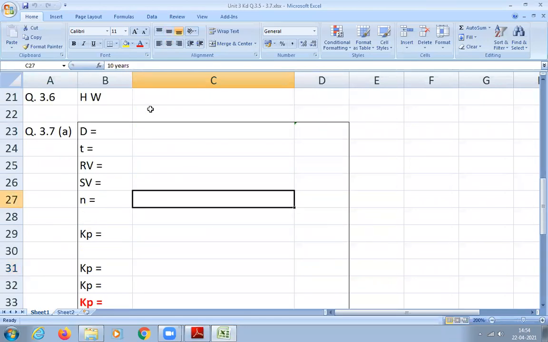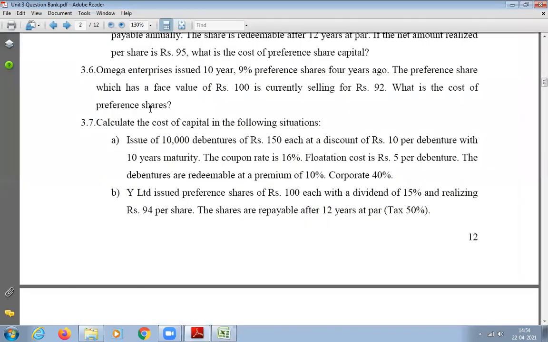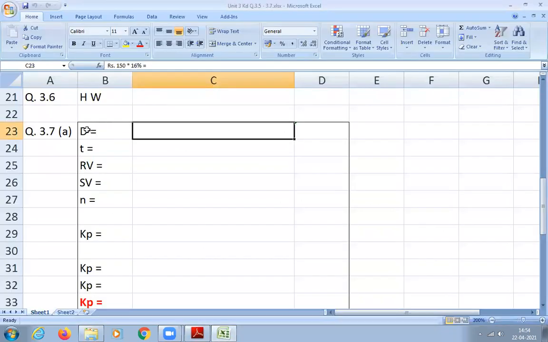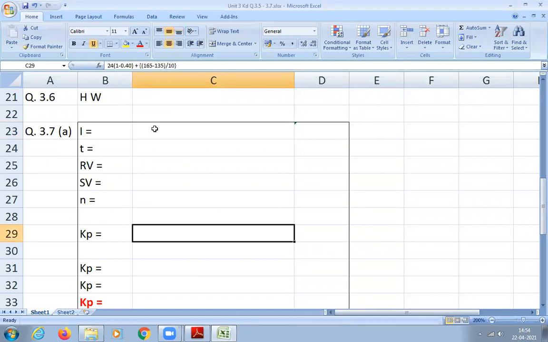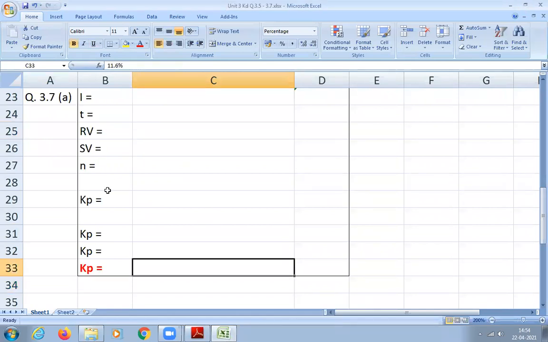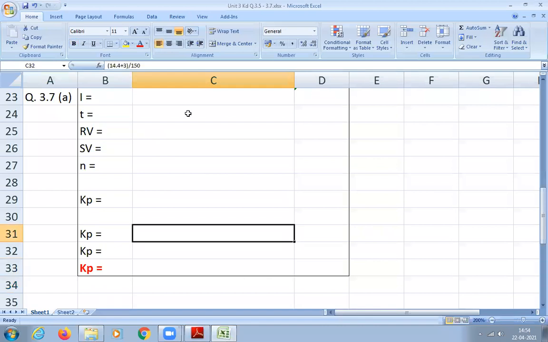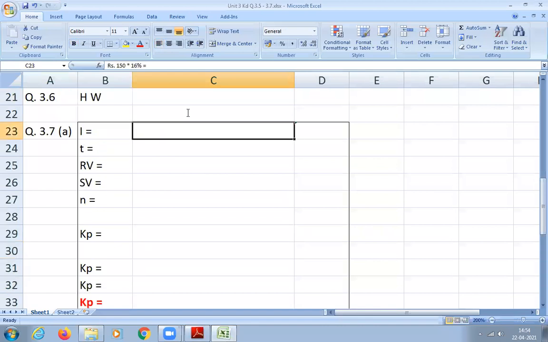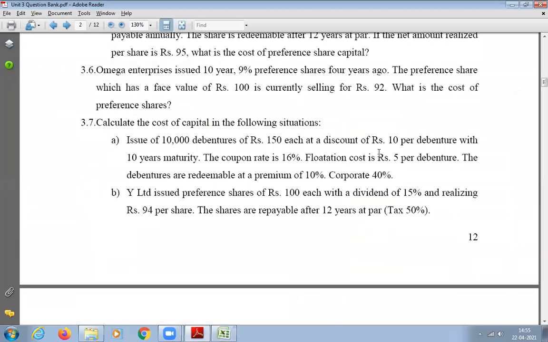Okay, so how much is I? Sorry, how much is I, not D? Interest for the debenture, how much? The face value is 150 and the coupon rate is 16%.